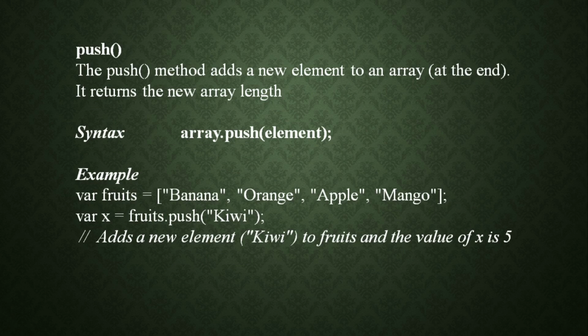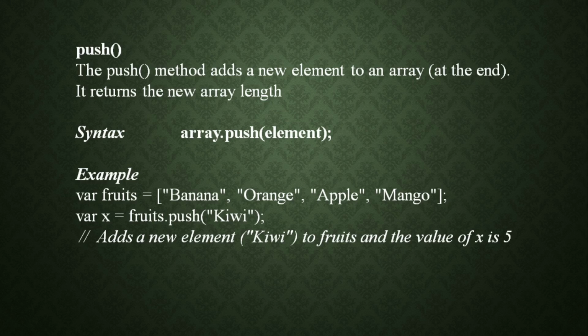In the previous method, we removed the element. For adding a new element at the end of the array, it means once we have assigned values to the elements in the array, and then we want to add a new one, we use the push method: array dot push of element.